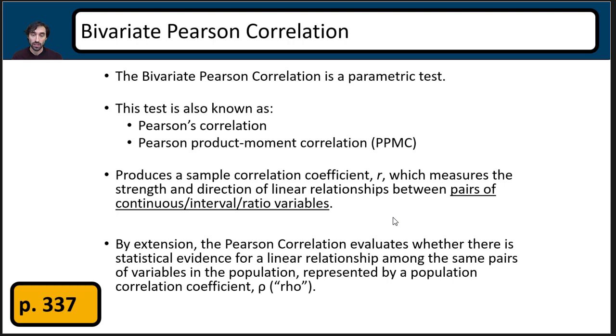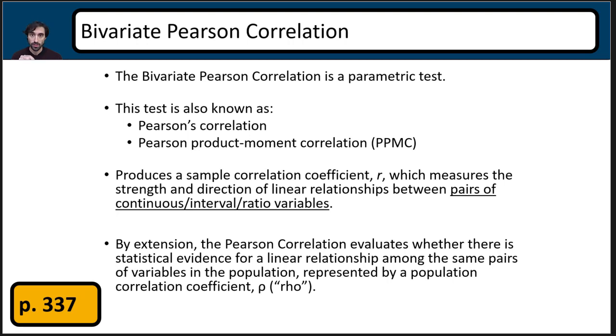We're going to see r a lot. It is our measurement of the strength and direction of the relationship between pairs of continuous variables. The Pearson correlation evaluates whether there is statistical evidence for a linear relationship.